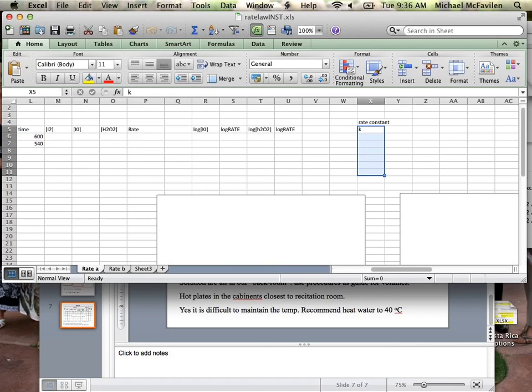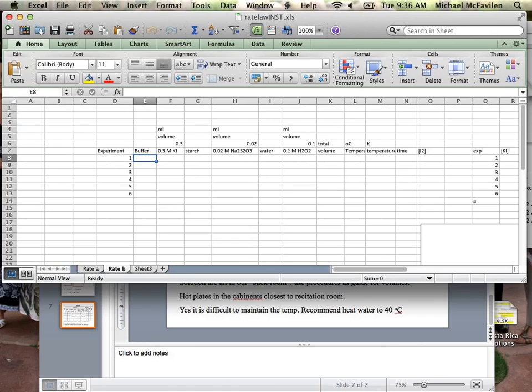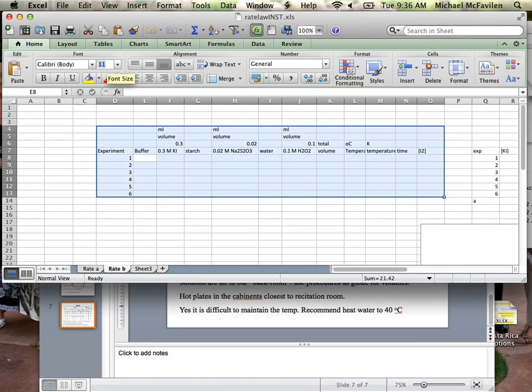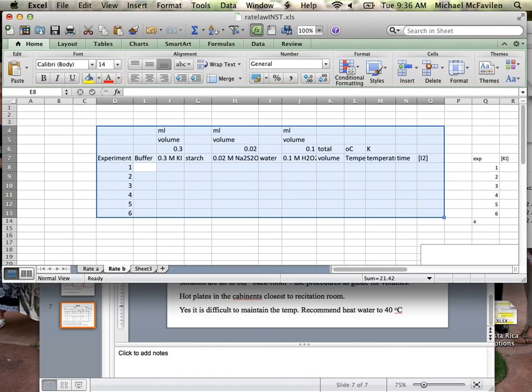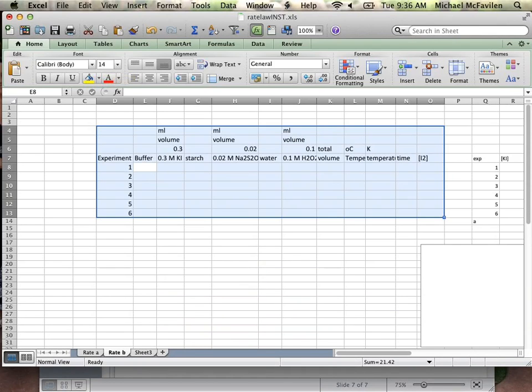Because we are going through and repeating these calculations with respect to temperature, we could go through and delete all the work that we did, but then we'd lose all of that. So what I've gone through and done is copied it over into a second worksheet. So if you go to the lower right-hand corner, you should see that second worksheet tab, and you'll open up rate B.